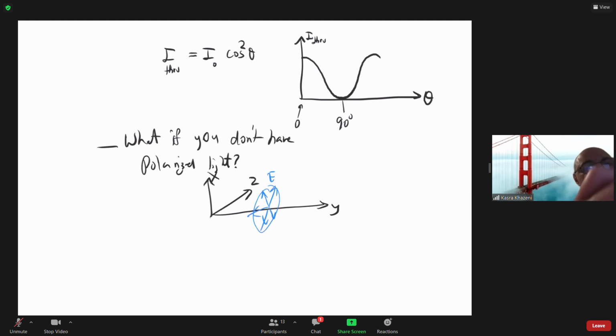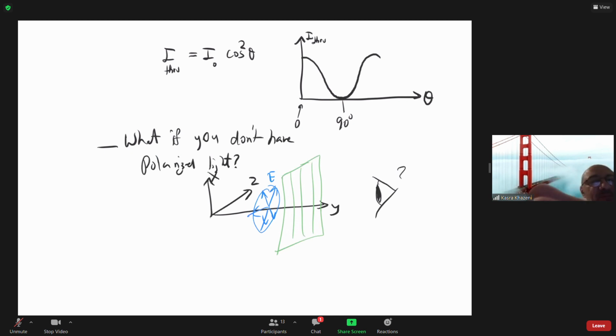And then I'm going to put the sheet in front. What am I seeing out here? That's my eye. What am I seeing? This time it's not polarized.